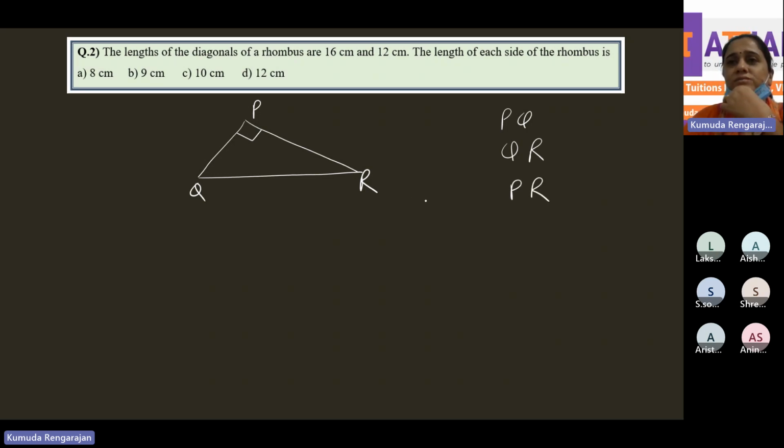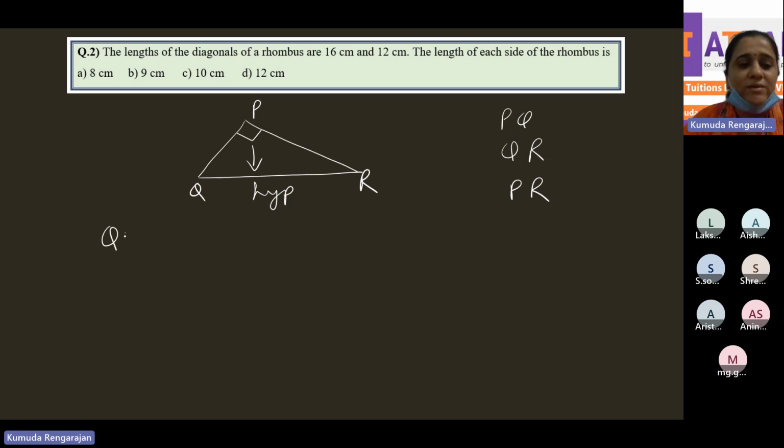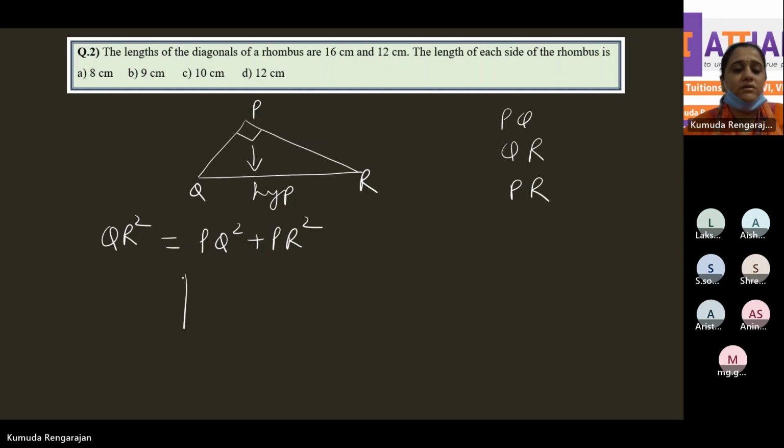Which is the hypotenuse? Why is QR the hypotenuse? Because it is opposite of the right angle. The square on that side is equal to what? QR square is equal to PQ square plus PR square.